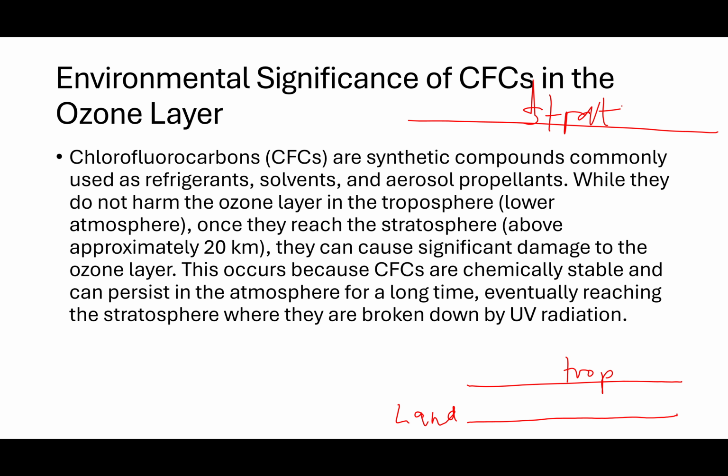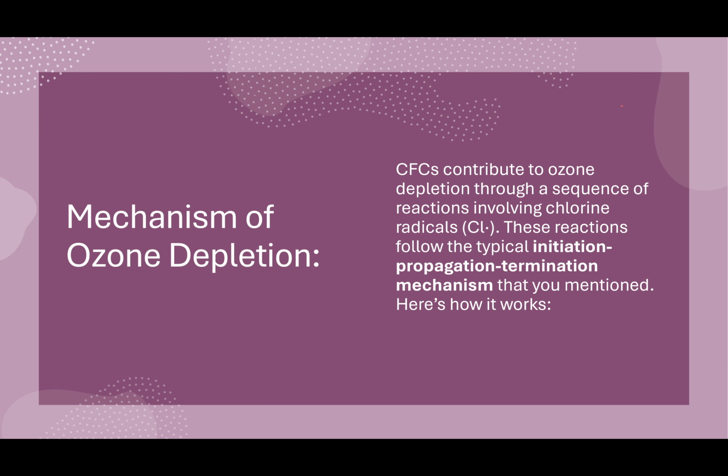So in the stratosphere, the CFCs will harm the ozone layer, because they're chemically stable and can persist in the atmosphere for a long time. But when they reach the upper reaches of the atmosphere, the stratosphere, they can be broken down by UV radiation and start interacting with ozone. That is what we need to get across here.